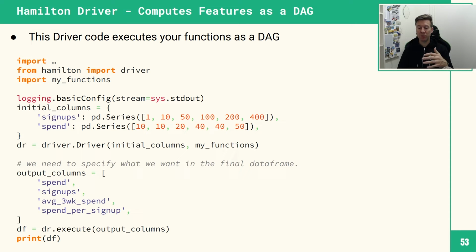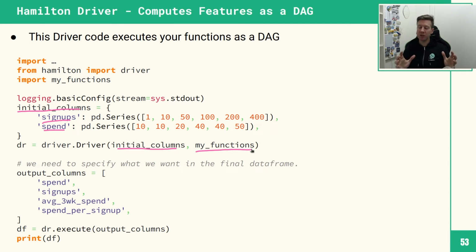So it's going to compute these features or functions in a particular order defined by this directed acyclic graph, and we need to tell Hamilton in this case what are the columns that we're going to compute, and we'll do that, as we can see here, with our initial columns. We can say, okay, let's define the initial columns. We've got signups, spend, and we pass them into the driver, and then we also specify the functions that we're going to compute over those columns.